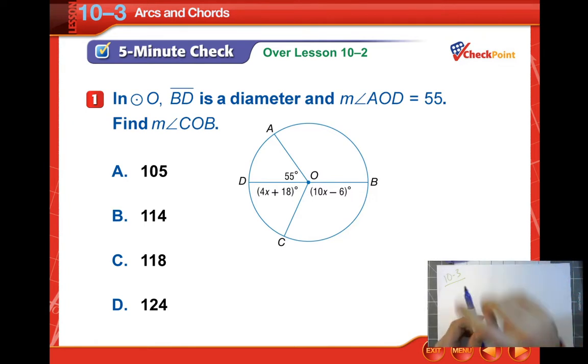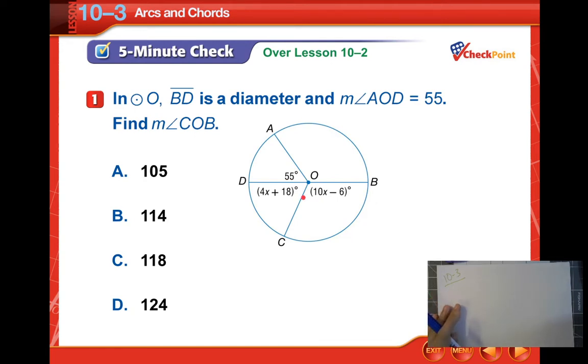If you want to know how to solve this, this is a good example of one where we actually don't need the 55. We actually just need these two. These two add up to be 180, so we can add them together: 4x plus 10x is 14x, plus 18 minus 6 becomes plus 12.